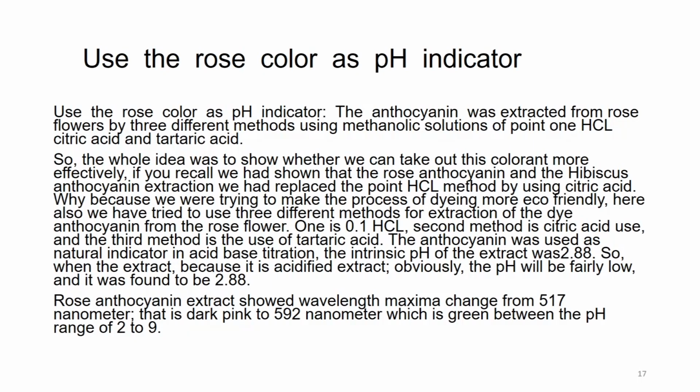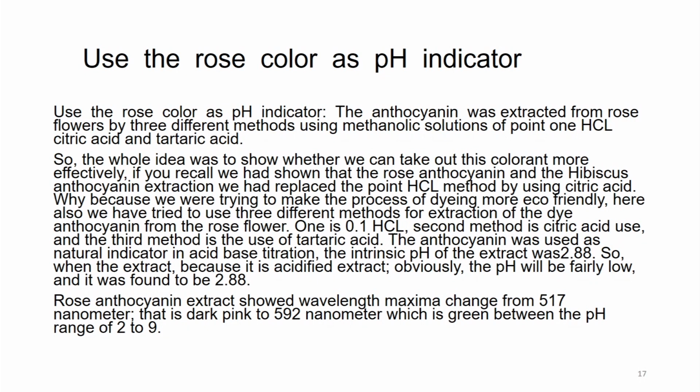Rose anthocyanin extract showed wavelength maximum change from 517 nanometer, that is dark pink, to 592 nanometer, which is green, between the pH range of 2 to 9. Now, here you see there is a change which is fairly big.